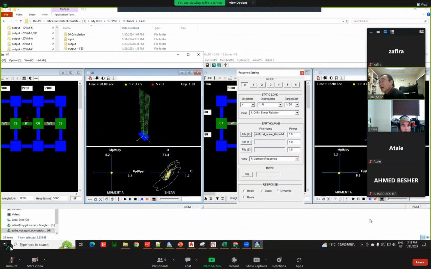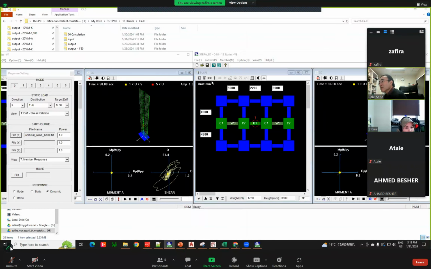And how much shear force for friction? 170. So both responses are less than 170. Yes. So why are the two results not the same?